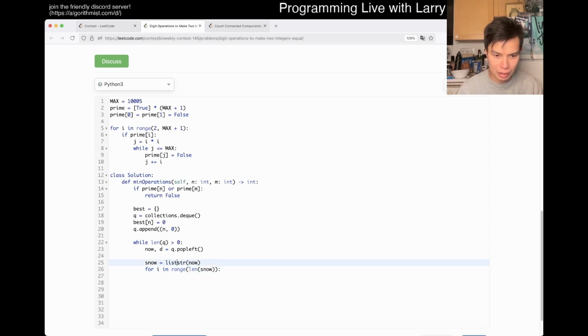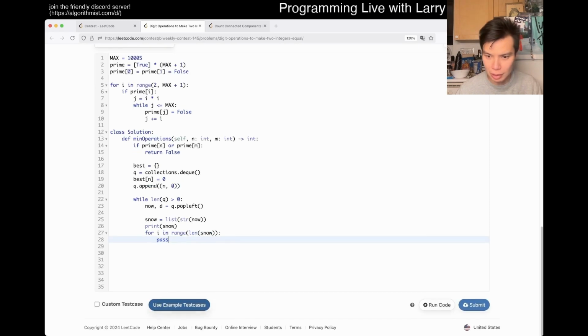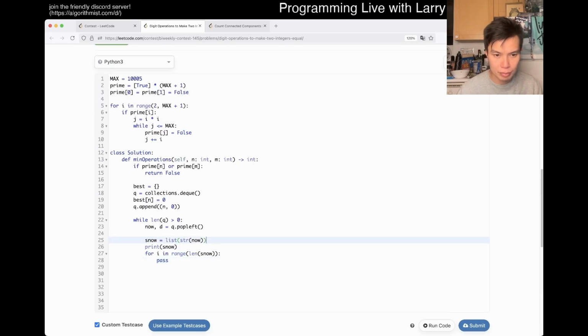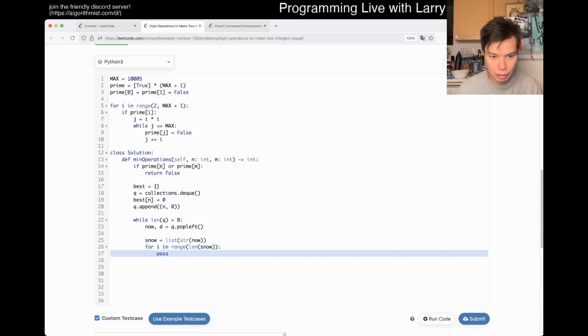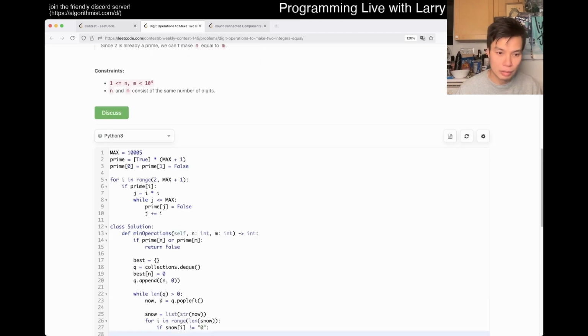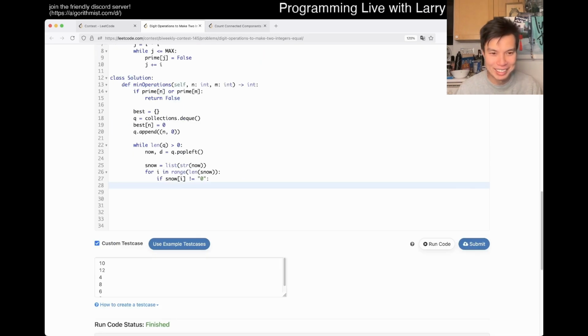I think you could write this, right? I think that converts it to a list. Yeah, okay, that's what I thought. If it's not equal to 0, then we could decrease by 1. I don't know how to look that up.